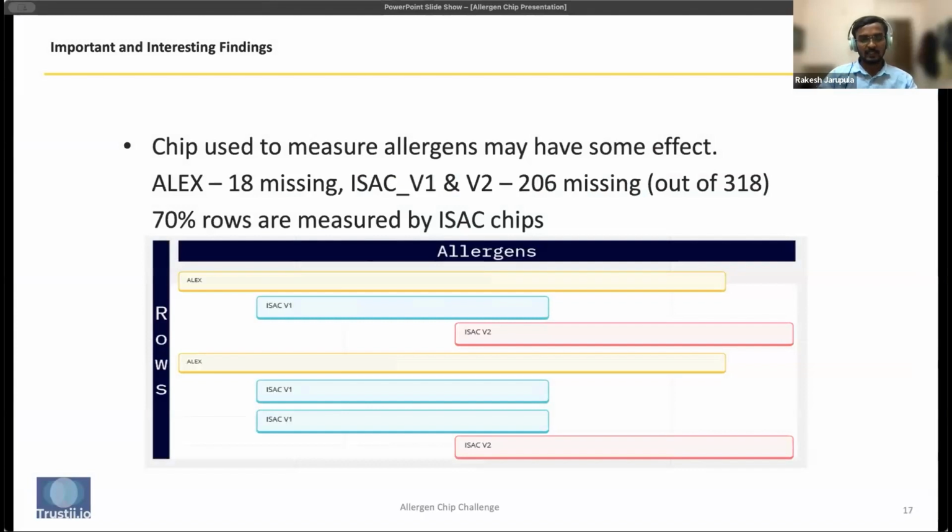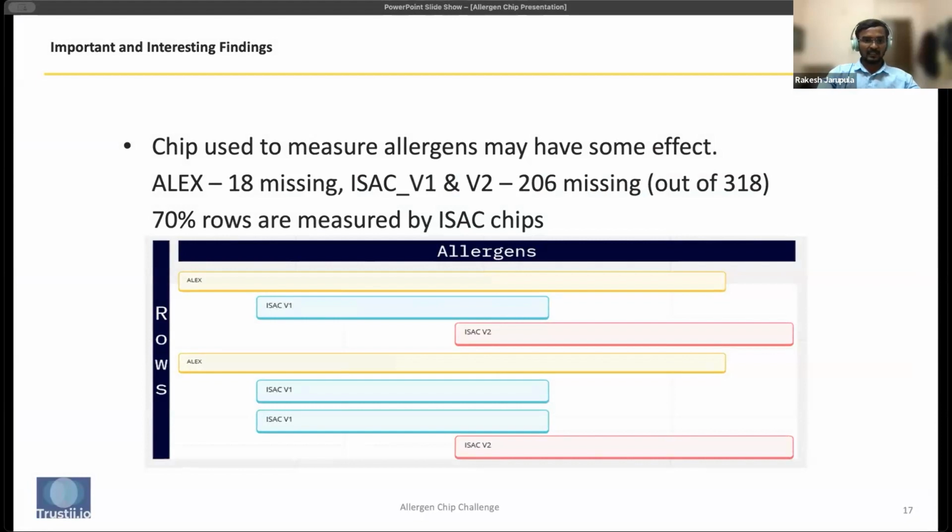The one major issue I would say, which would help if addressed in future projects, is the chip type that is used to measure the allergens. If you take the Alex chip type, there are 18 missing allergen values. I mean, the chip type is not able to measure these allergen types, which are present in the test set.